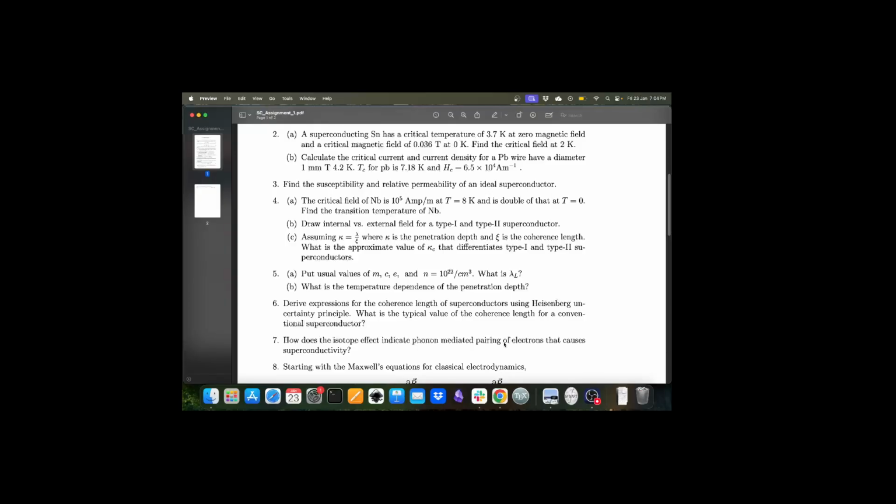Okay, so what we really need to find is this part. This critical current density or critical current can actually be shown as related to the critical magnetic field as follows: 2 pi r Hc.